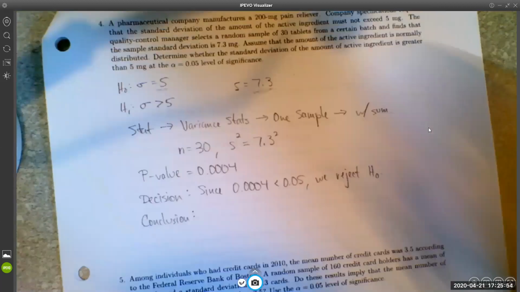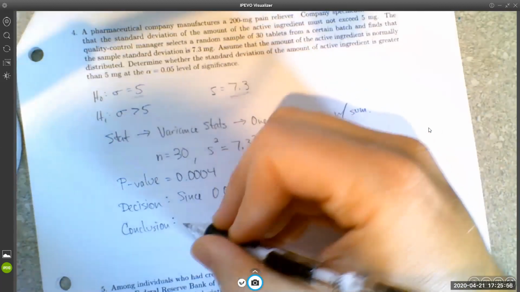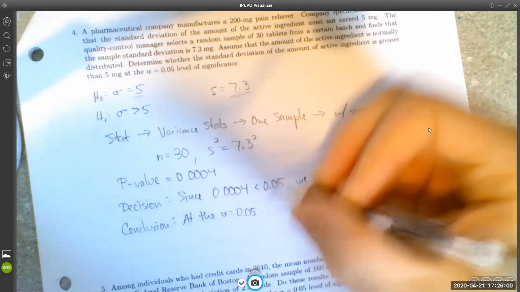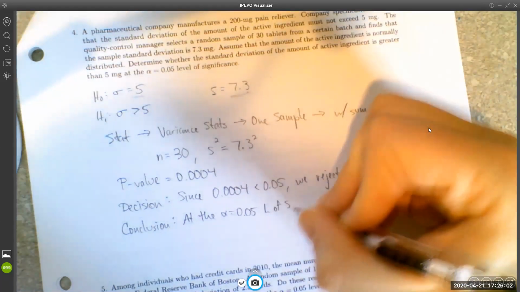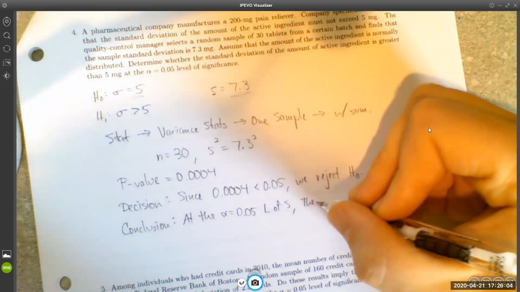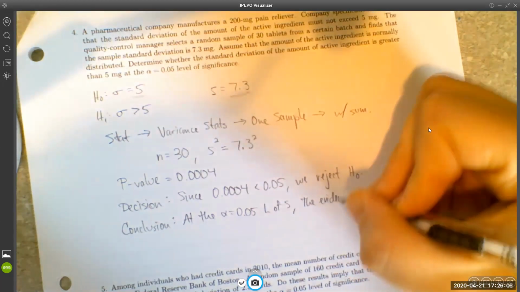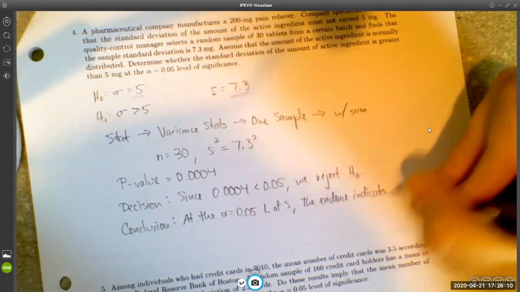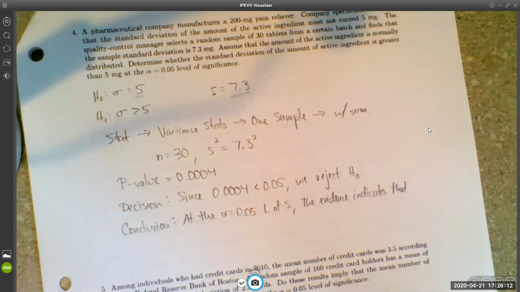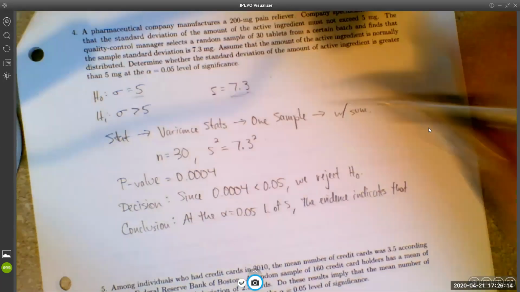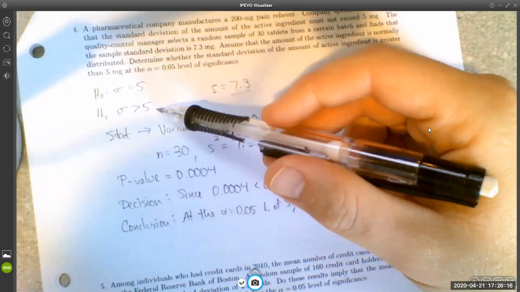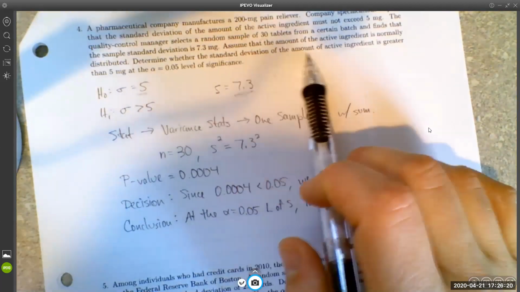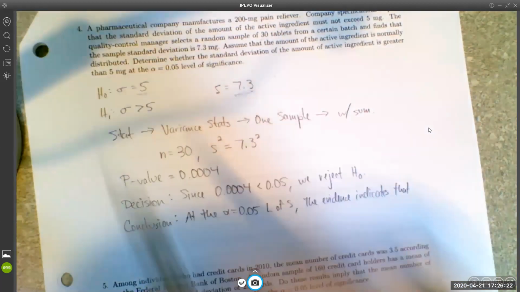What does that mean? Well, that means that at the 0.05 level of significance, the evidence indicates that the alternative hypothesis is true, right? What is the alternative hypothesis? The alternative hypothesis is that the standard deviation in the amount of active ingredient is more than 5 milligrams, right?